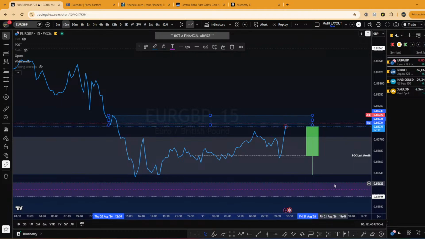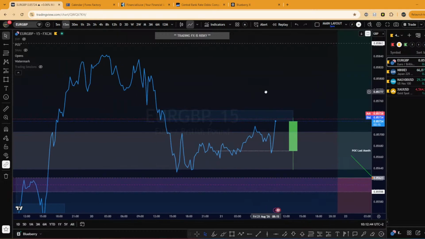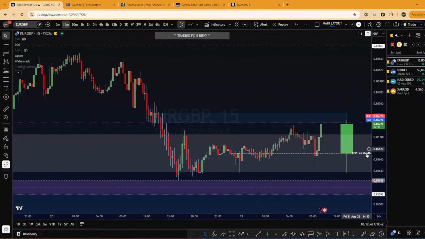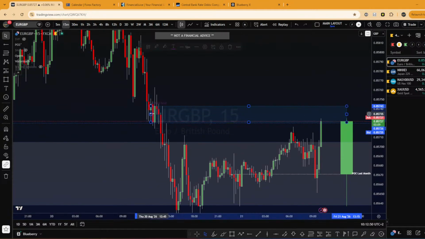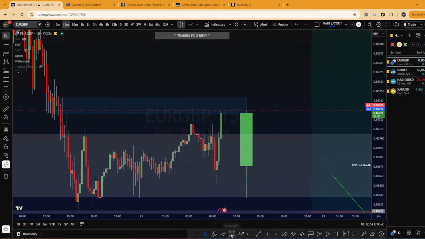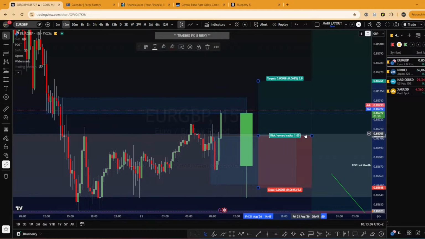I want to see price reach it before I start to buy, but here is the other block. If we close above it, maybe this could be a nice demand to buy. Let's see.